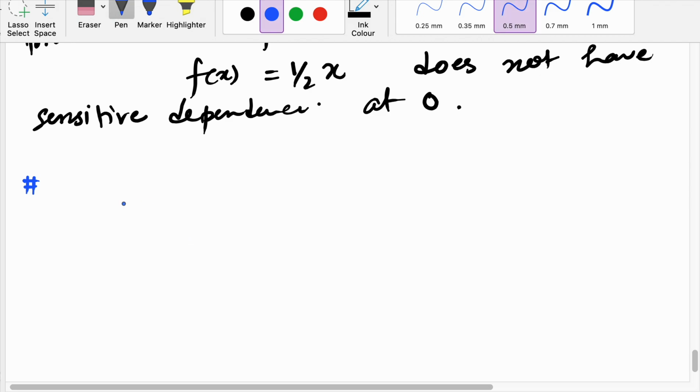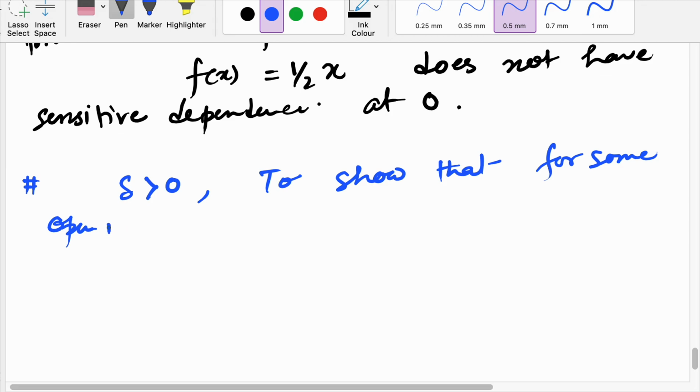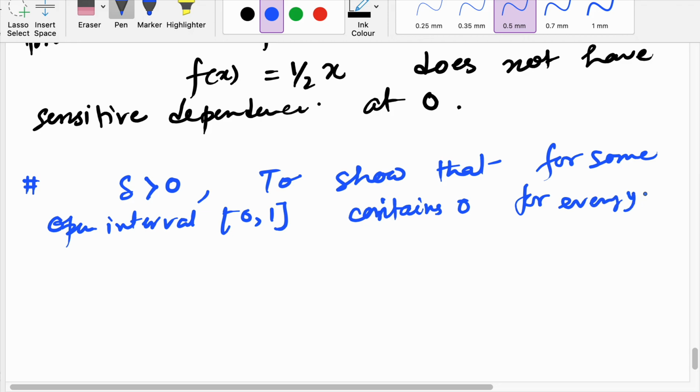for all delta greater than 0, to show that for some open interval in [0,1] containing 0, for every y belonging to the interval and for every n, f^n(y) minus f^n(0) is less than delta.